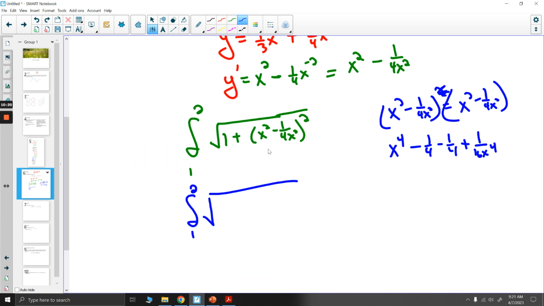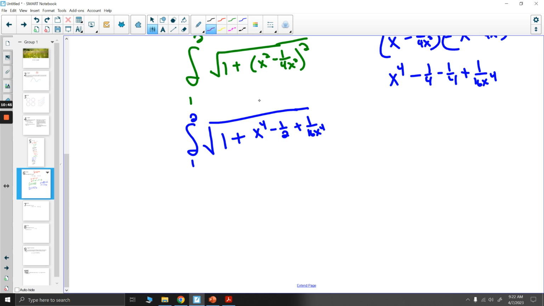But that's maybe a last-ditch effort. I usually like to try and simplify our expression as much as possible, and oftentimes that will lead to something better. Okay, so we have 1 plus x to the 4th minus 1/2 plus 1 over 16x to the 4th.